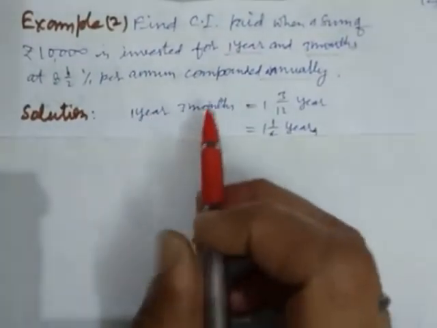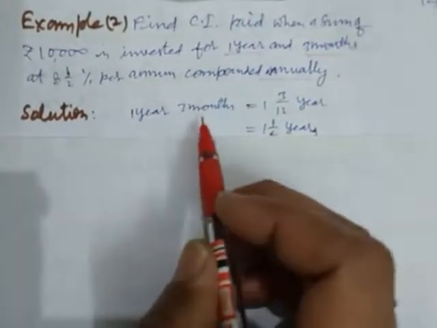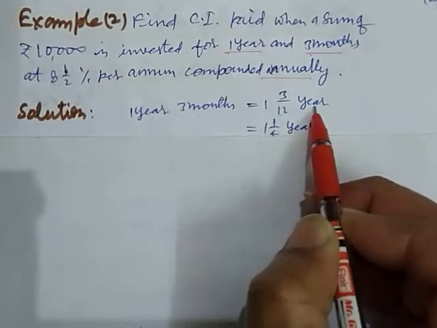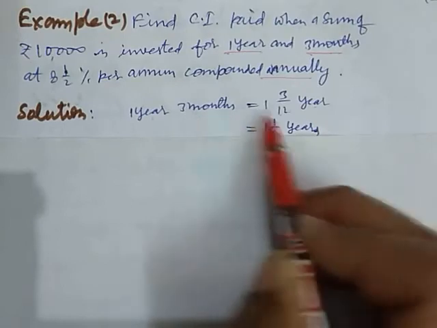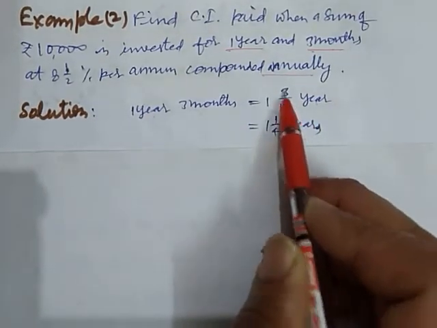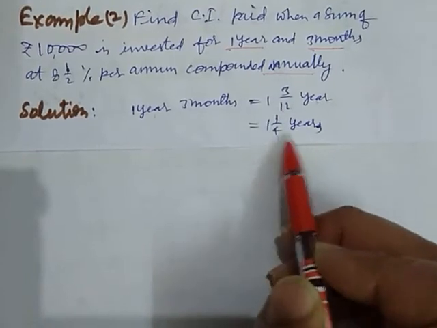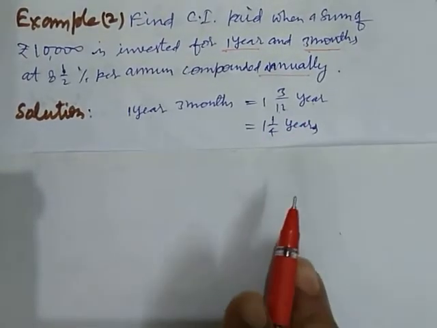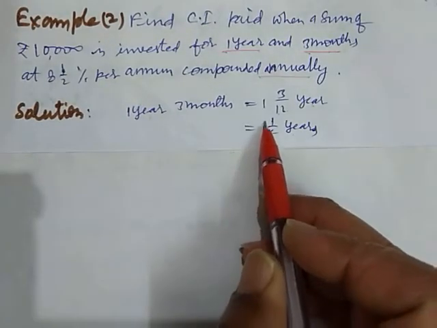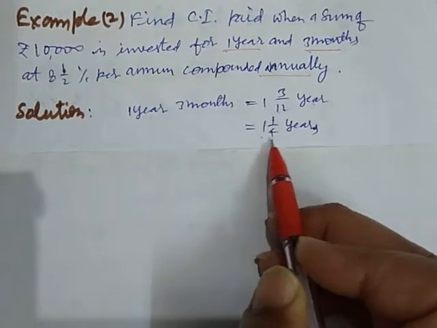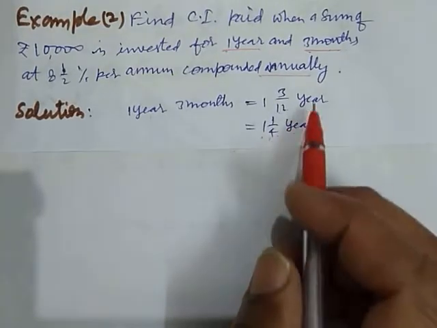1 year and 3 months, that is 1 year plus 3 by 12 year. If we divide 3 months by 12, it is converted into years. So 3 by 12 is 1 by 4. So 1 and 1 by 4 years. We compound 1 time as a whole and then 1 by 4 year more. So how do we solve?